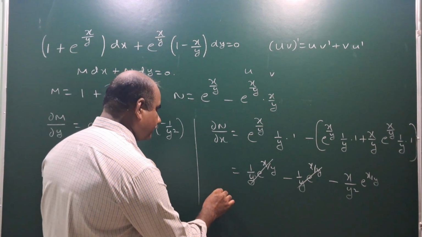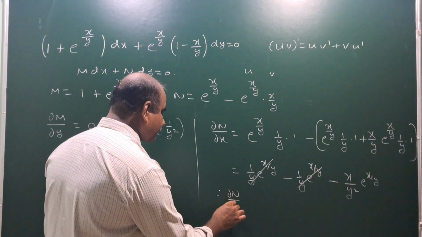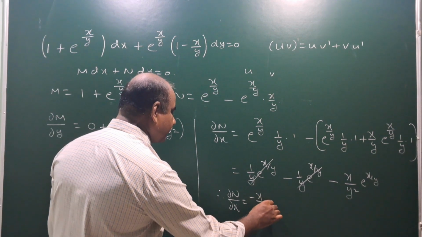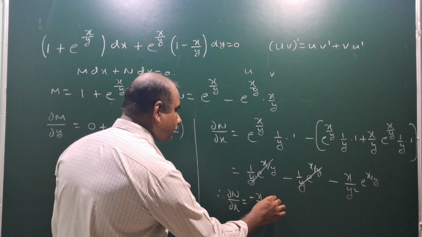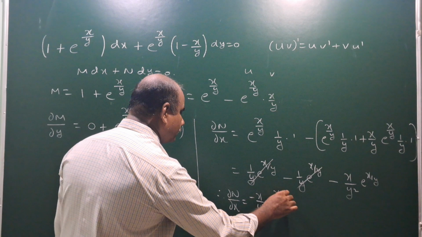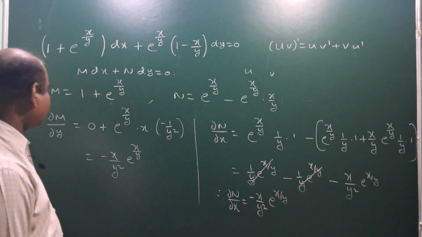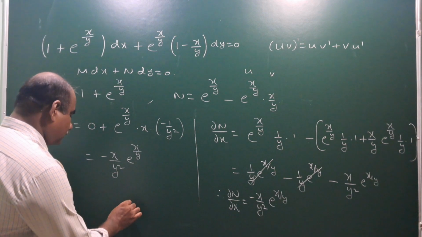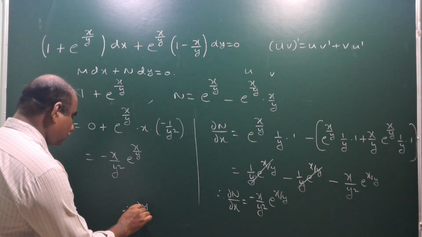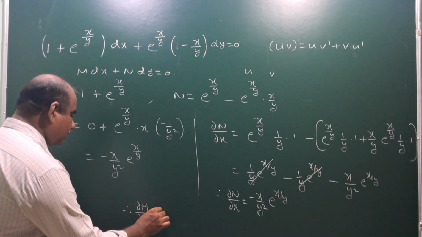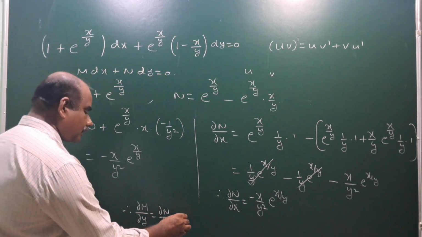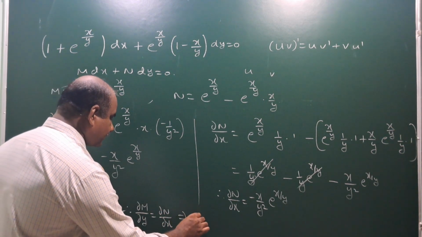So finally dou n by dou x is equal to minus x by y square into e power x by y. So finally dou m by dou y and dou n by dou x both are equal. Therefore dou m by dou y and dou n by dou x. So it is exact.